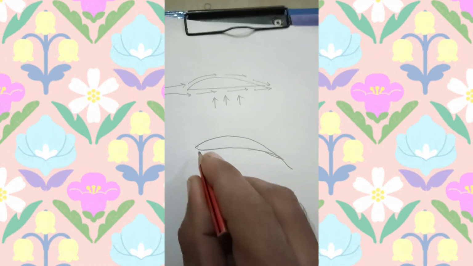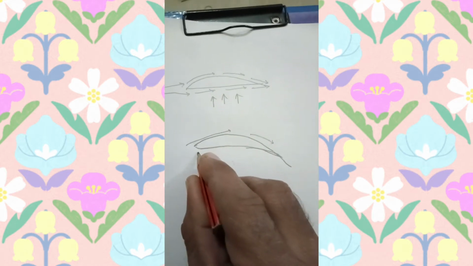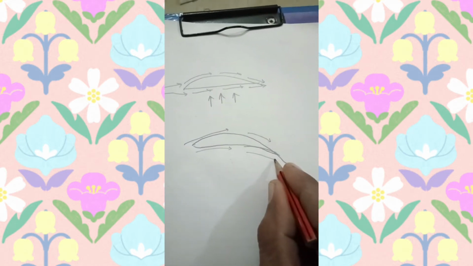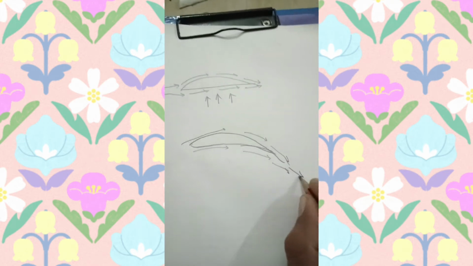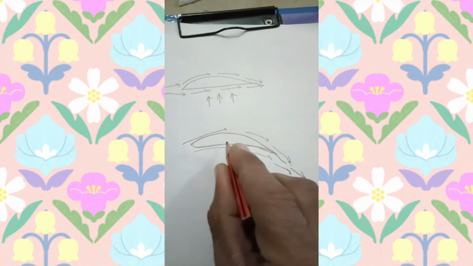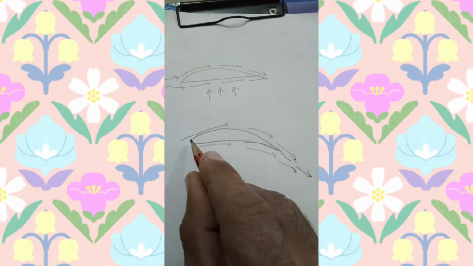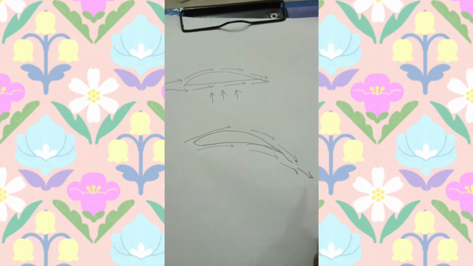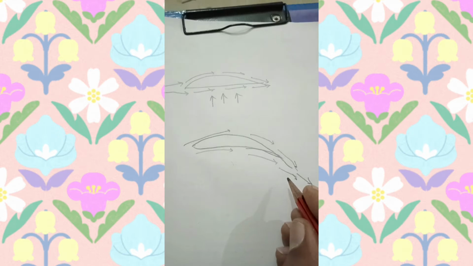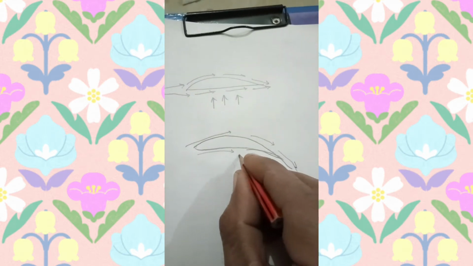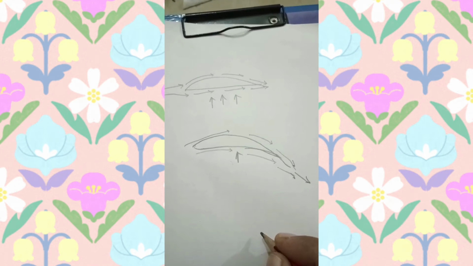The explanation was that the wind was moving in this direction, it moved from the lower side, and ultimately the wind is moving in a downward direction. So when the wind moves in the downward direction, according to Newton's third law, the opposite force is created, and that gives the upward lift to the wings. The simple thing is, when the wind is going downside, it creates a force in the opposite direction, and that gives the upward lift to the wings.